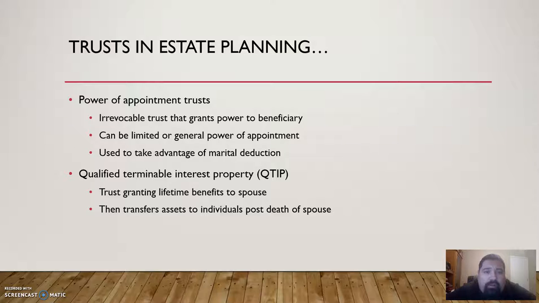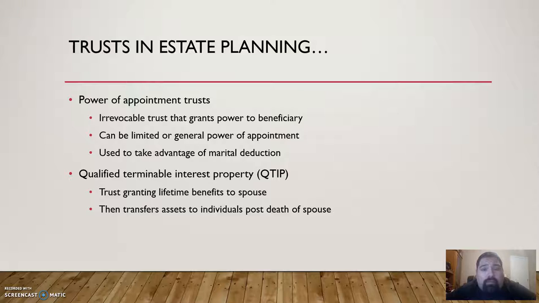One of the last ones that I'll talk about is the qualified terminable interest property, or the QTIP. It's a trust granting lifetime benefits to a spouse. And then what happens is after the spouse were to pass away, the assets then transfer to individuals that the original grantor specifies. So, for example, let's say you were married and had children.